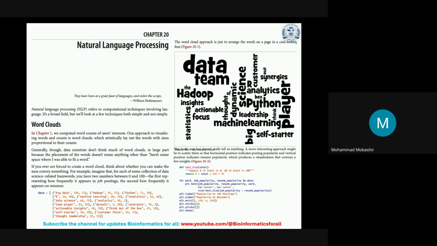So here we can see a cloud of words. If the computer scans them, then these words need to be translated into a proper meaningful sentence.